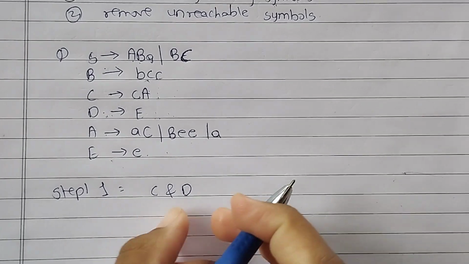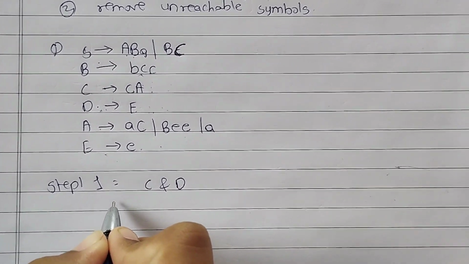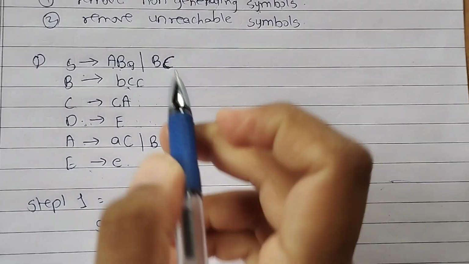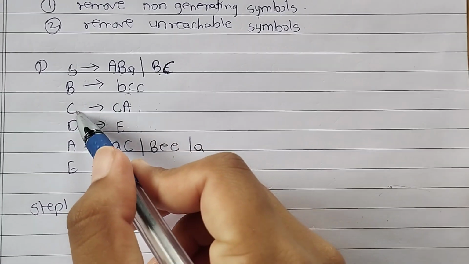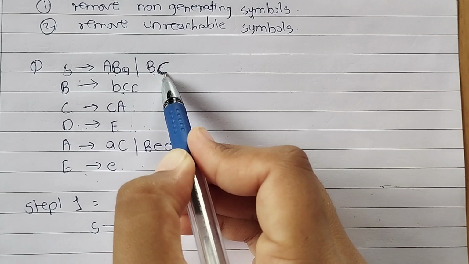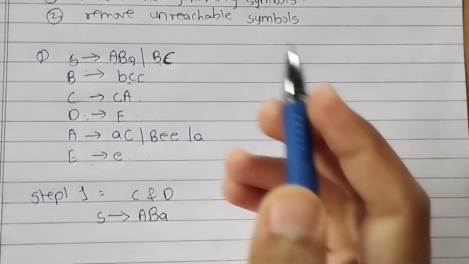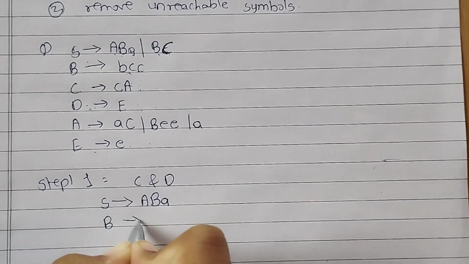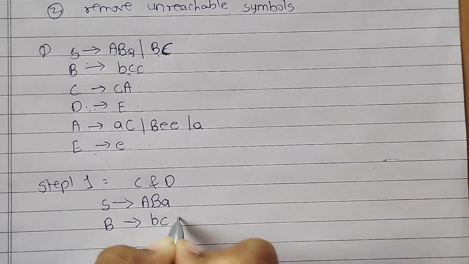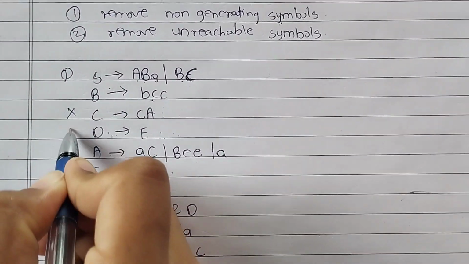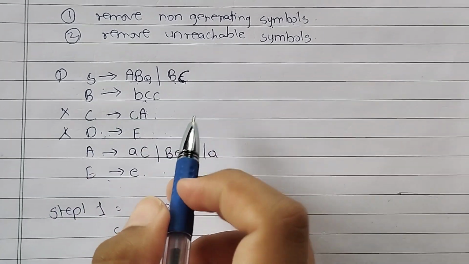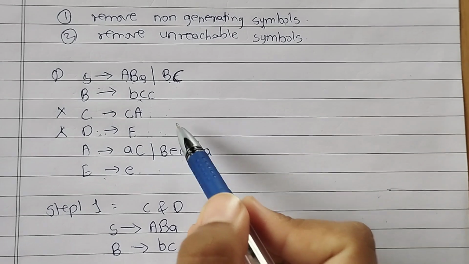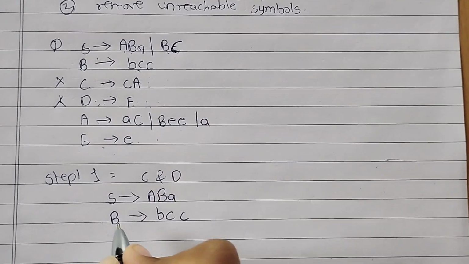Now after removing C and D, the production is S produces AB, A, and this BC we do not write because we removed this C. Here C is also present, so we do not write this production. So only A, then B produces BCC. Now C and D are removed because they generate only variables, not small letters.